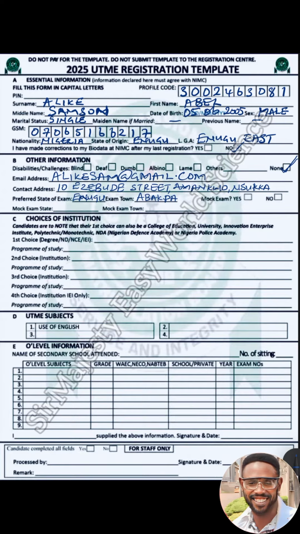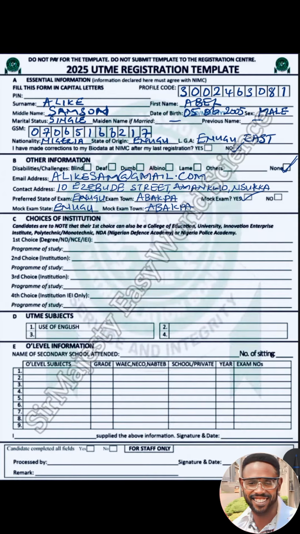Maybe if you write yes and later did not write, there won't be any crime. So maybe just tick yes in case. Then the mock exam state, the state you would like to write, you still fill in Enugu. Then mock exam town, maybe you take Ababa or Enugu East, depending on what is available on the center where you want to fill this form.